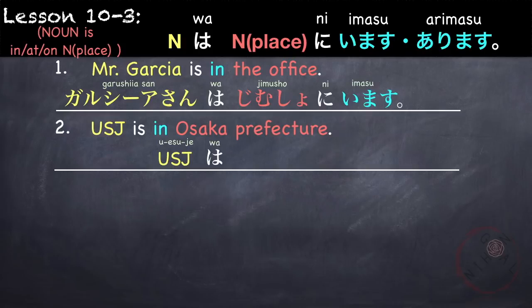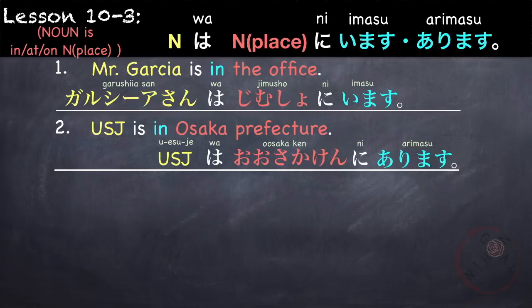USJ は Osaka ken. So, ken is the suffix for prefecture. Followed by に あります。USJ は大阪県にあります。So again, our topic is USJ and the speaker is saying that it is in Osaka ken.